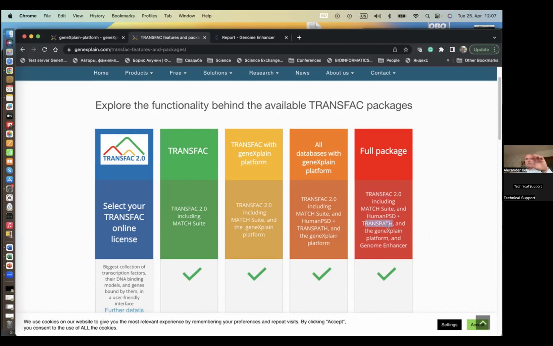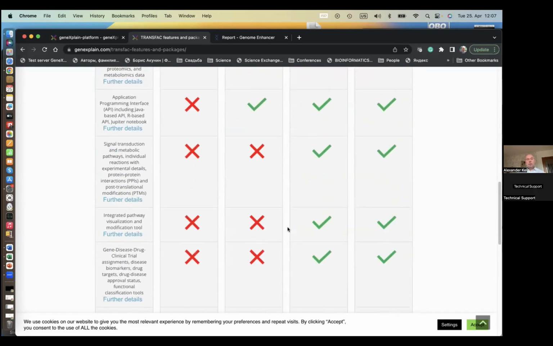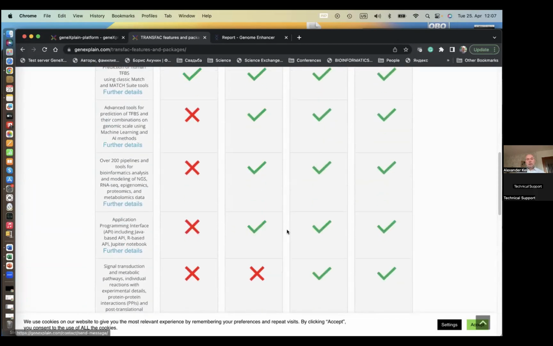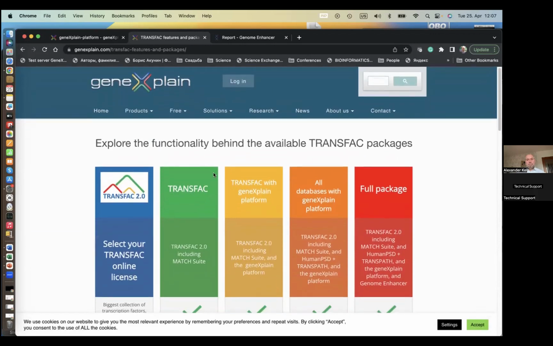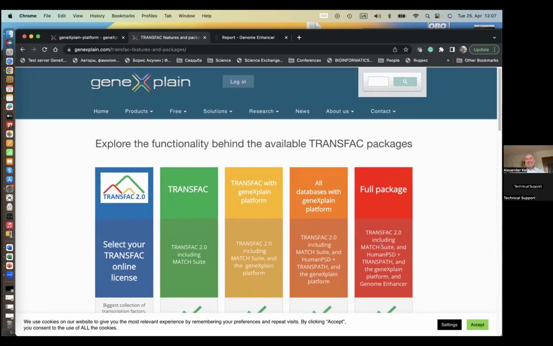TRANSPATH is about signal transduction and networks, and HumanPSD is about drugs and their targets. But you have smaller packages which include just TRANSFAC only, or TRANSFAC with the platform together, and so on. You can read about the advantages of each package. And I would recommend taking the full package.